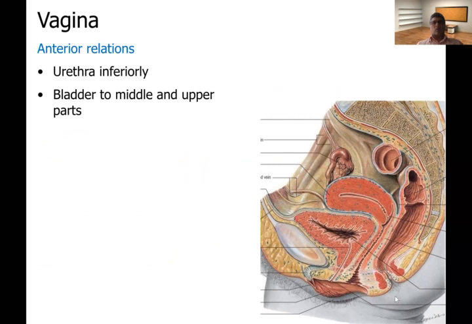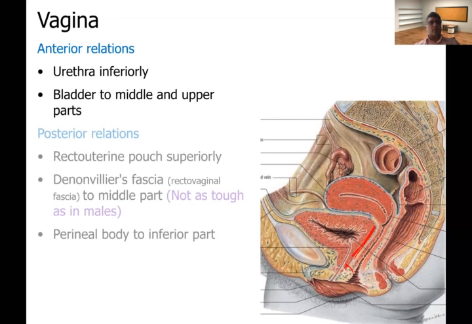Anteriorly, to the lower part of the vagina, the urethra is related, and to the middle part and the upper part, the bladder is related. So these are the anterior relations of the vagina. Then posteriorly, to the upper part of the posterior fornix, the pouch of Douglas is related.